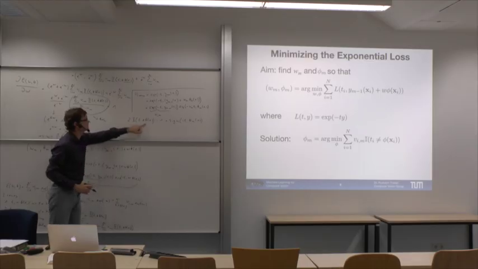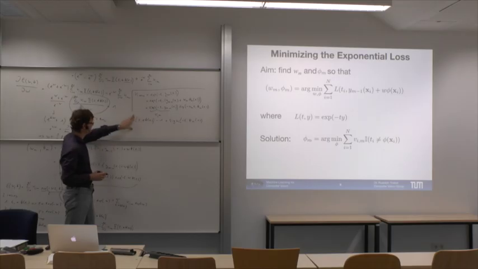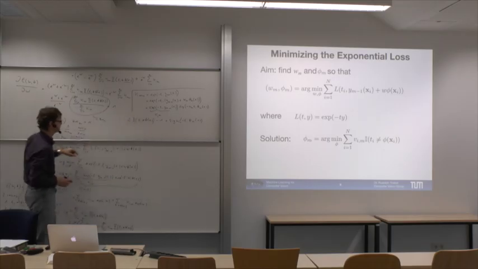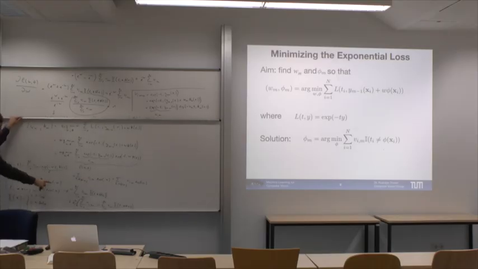Because if this is wrong, which means that our classifier is correct, then this thing is 0, and the sign is -1, which is true, right?